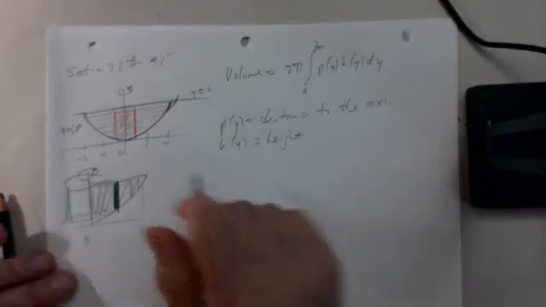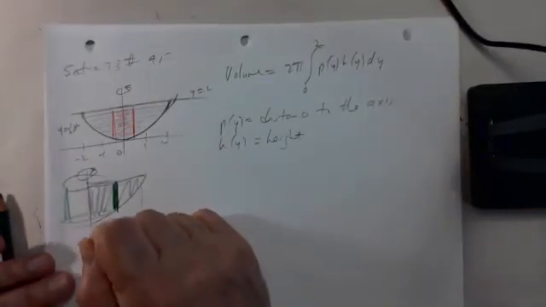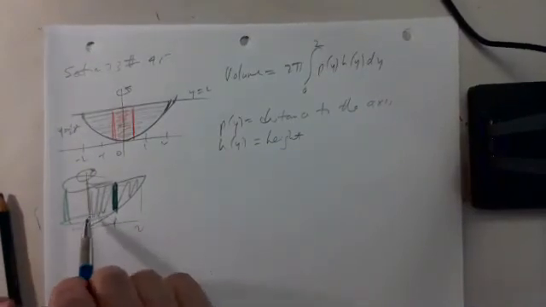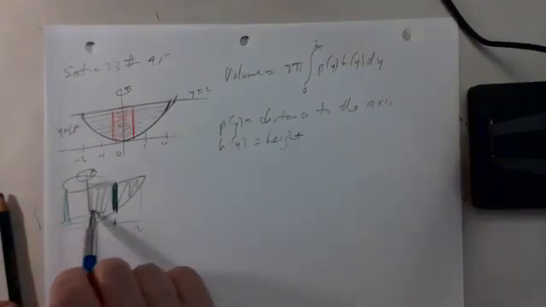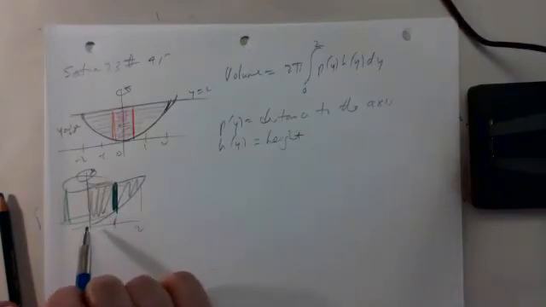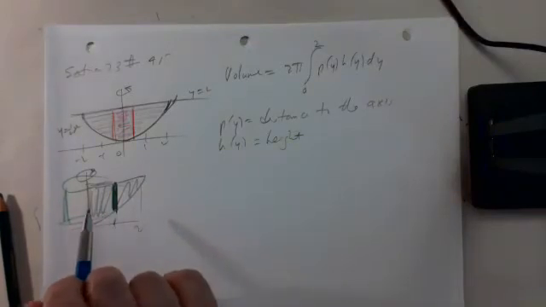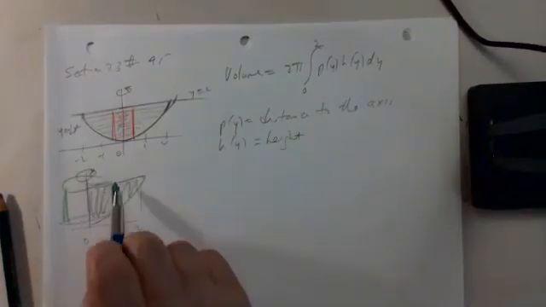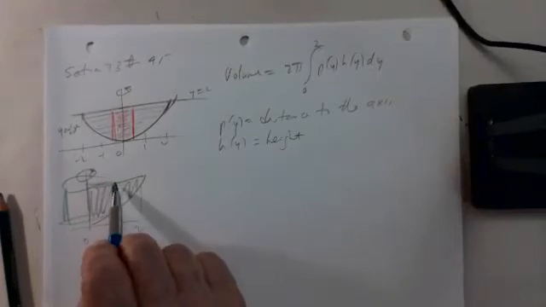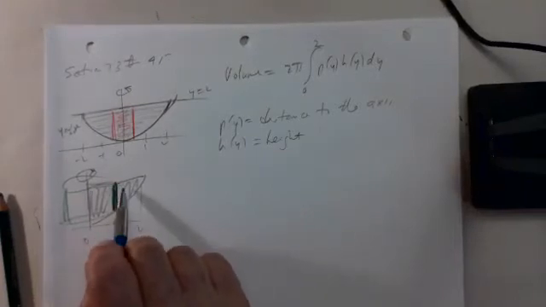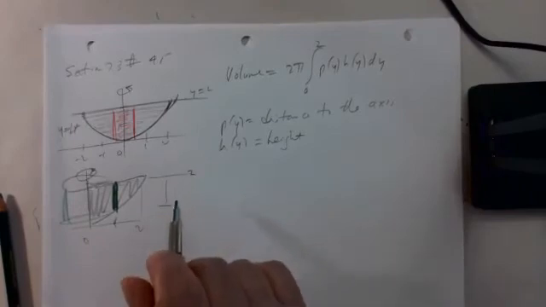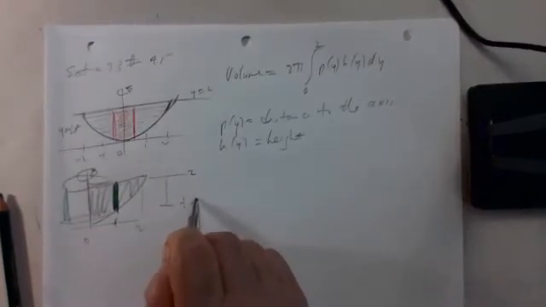So this height is, this is 2. This is a half x squared.